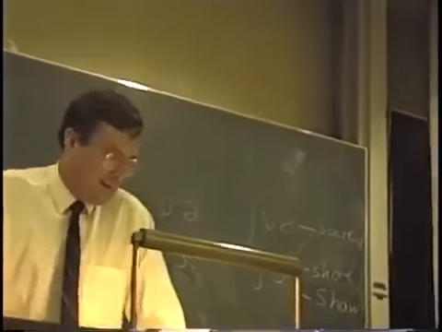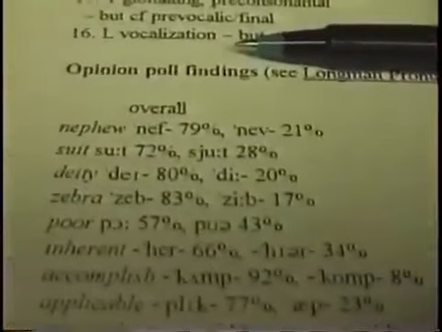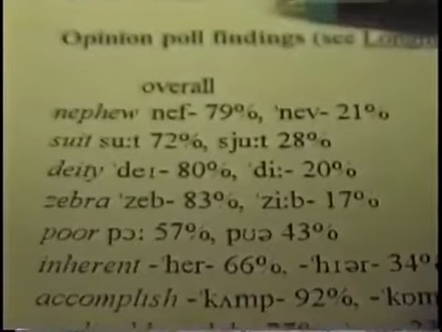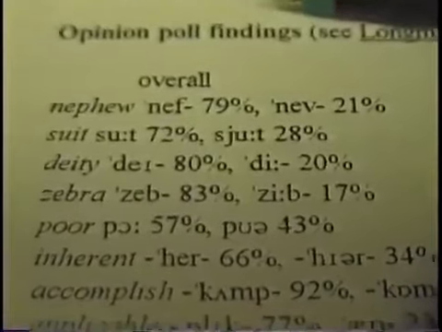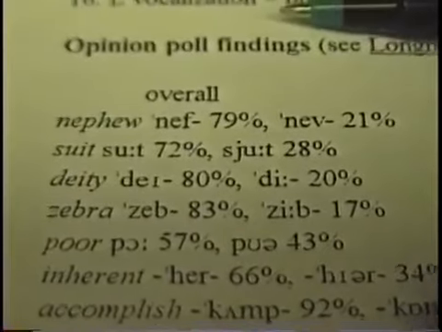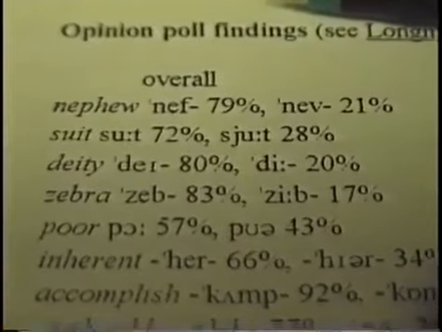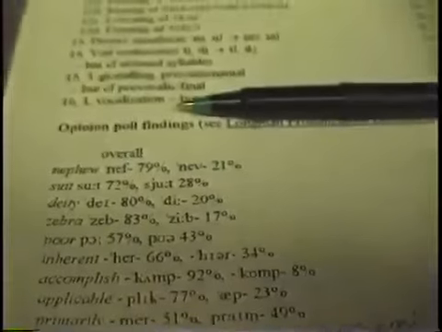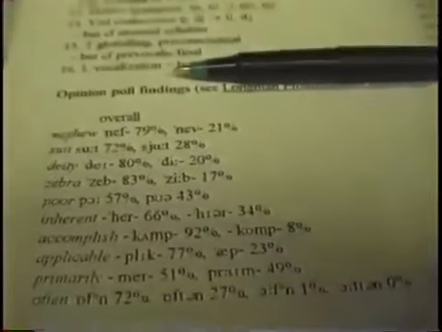In the opinion poll that I carried out, I found that 57% of my respondents preferred the pronunciation poor, and only 43% of them preferred the pronunciation poor. So I asked people to vote which pronunciation they preferred for P-R. You can see there, fairly evenly split.